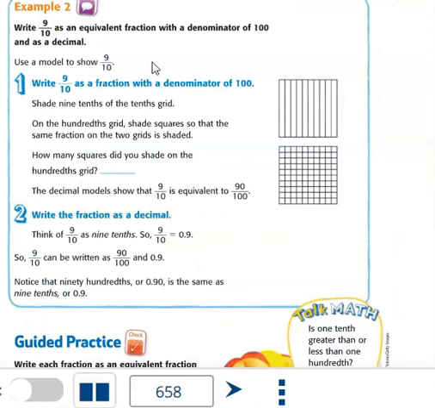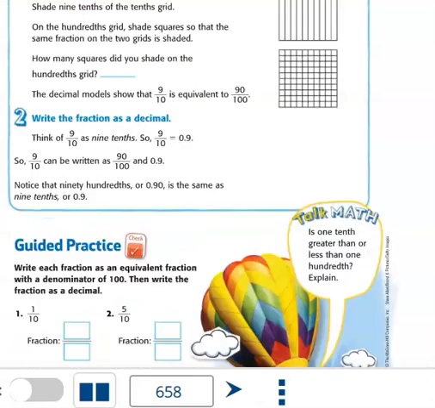Okay, so this one is exactly the same. They're showing 9/10, and then you should shade this one, and then you should show 90 hundredths on this one, and then you'll see 9/10 is equal to 90 hundredths, which is equal to 0.9, because we would read them all in word form, 9/10 and 9/10. This one you'd read 90 hundredths, but when you look at your models, you'll see that they're shaded exactly the same.